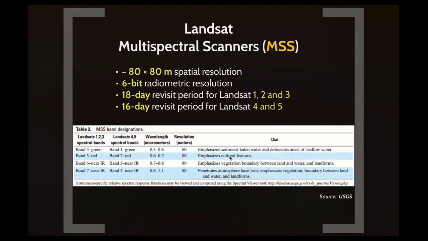Even though we see they're talking about the red band being very important for emphasizing cultural features, even if you're only interested in urban, you still want to have all the other bands available, because they are additional variables that help you distinguish between different land covers. So, take a look at the general use, but also keep in mind that usually you do combine multiple bands together. And the reason I'm talking about this will be clear once you get the data.